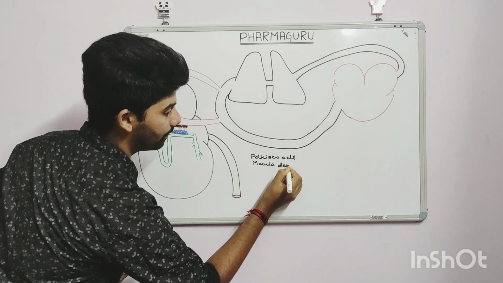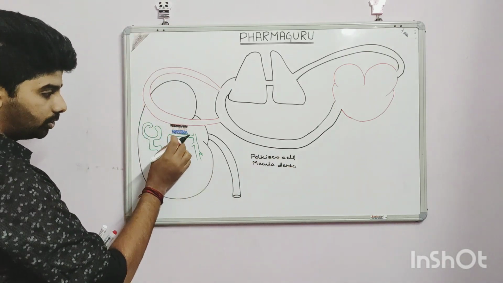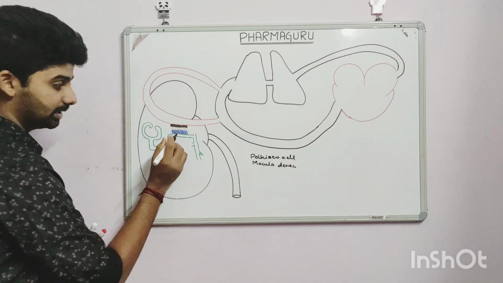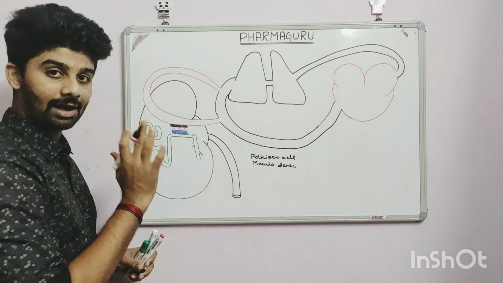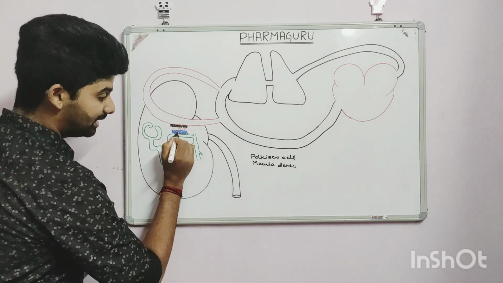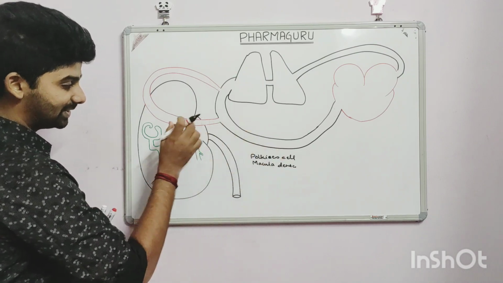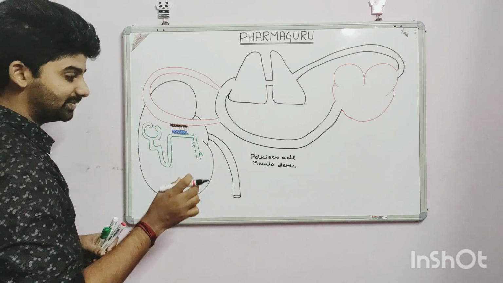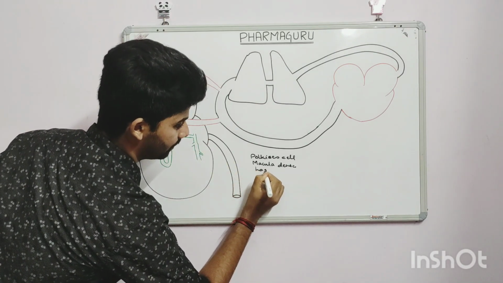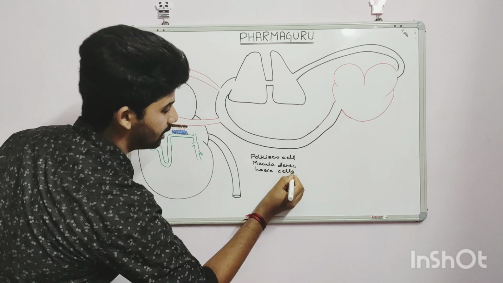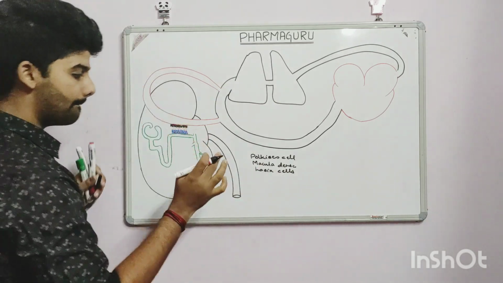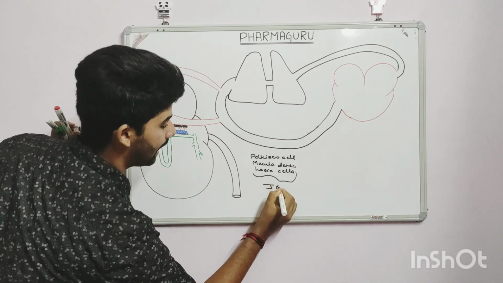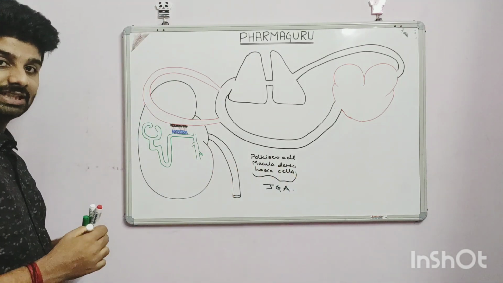And below the macula densa, there are certain cells that are attached to the nephrons. There are 1 million nephrons in the kidney, I have drawn only one. The cells closer to the macula densa that are attached to the nephron, that is the DCT, are known as Lasix cells. Now all these structures combine and it is known as the juxtaglomerular apparatus.